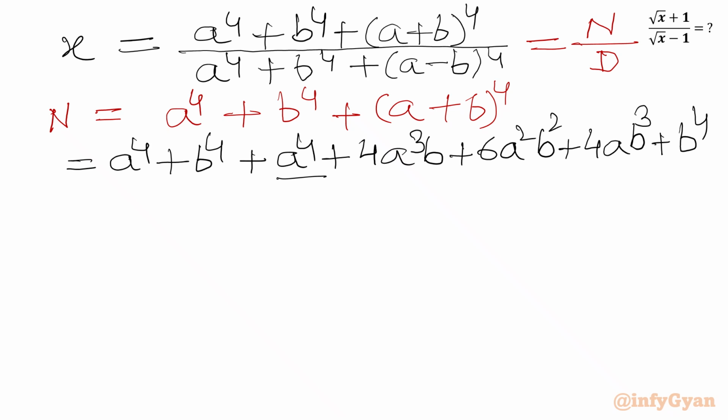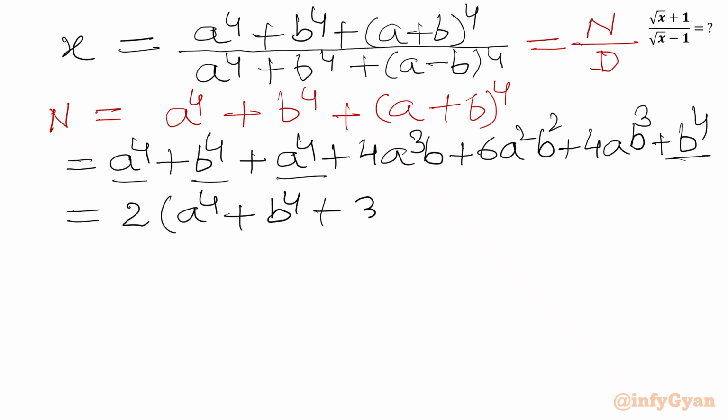Now you can see A power 4, A power 4, B power 4, B power 4, so we can take 2 common out. In the bracket we will write A power 4 plus B power 4 plus 3A square B square, then 2AB cube, then 2A cube B.